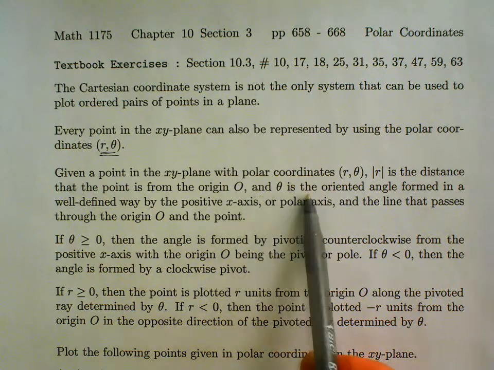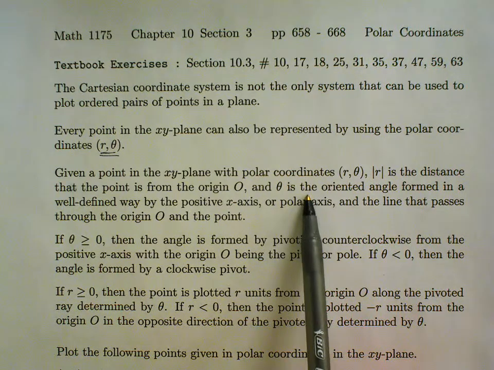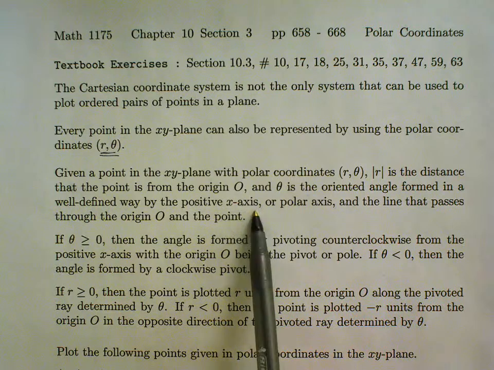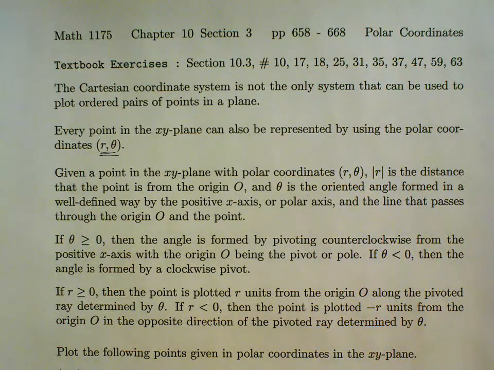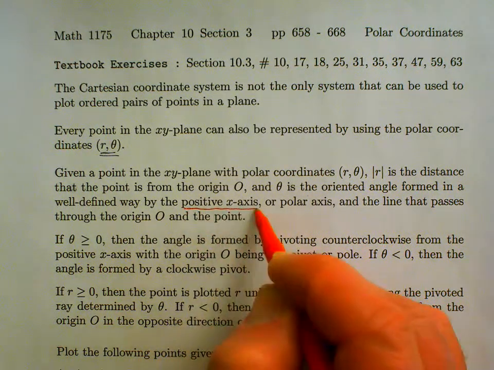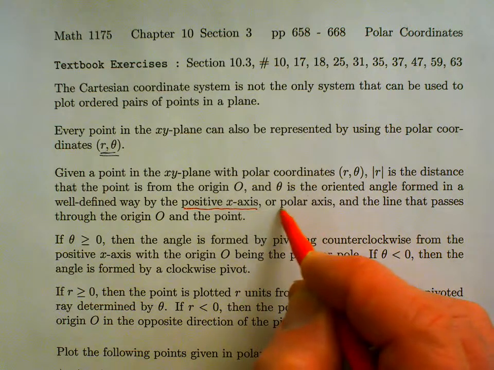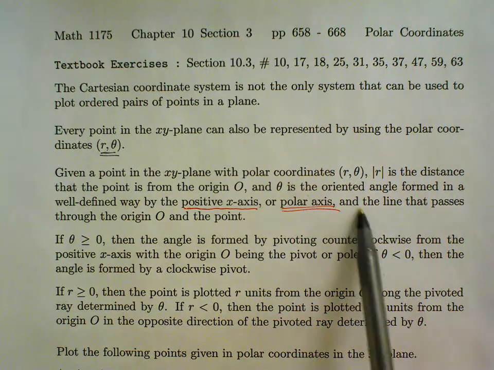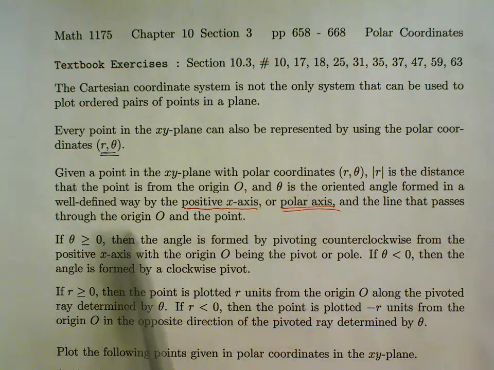And theta is the oriented angle formed in a well-defined way by the positive x-axis. And in the polar coordinate system, the positive x-axis is also referred to as the polar axis.